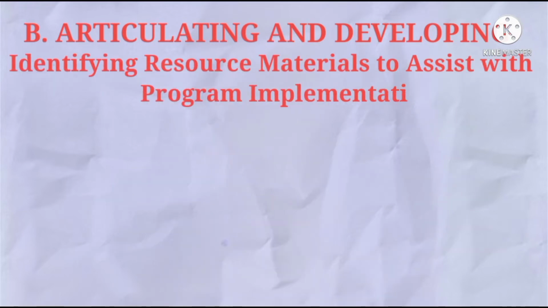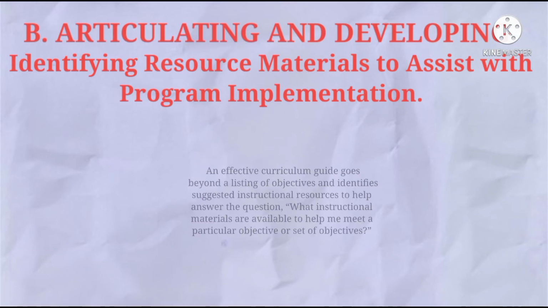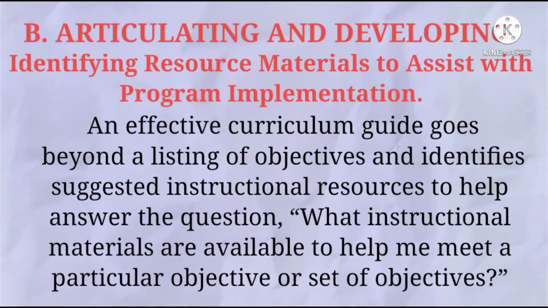Identifying resource materials to assist with program implementation. An effective curriculum guide goes beyond a listing of objectives and identifies suggested instructional resources to help answer the question, what instructional materials are available to help me meet a particular objective or set of objectives?